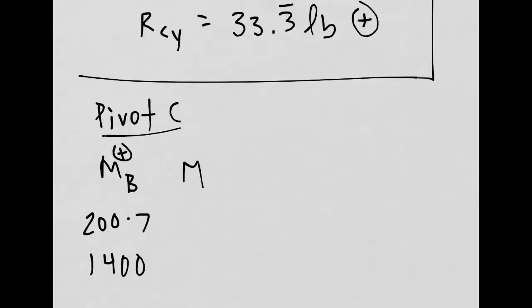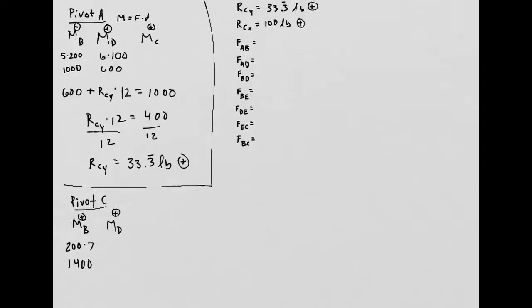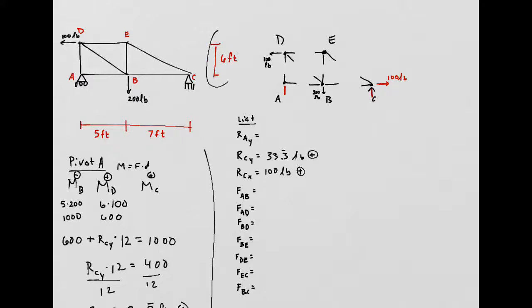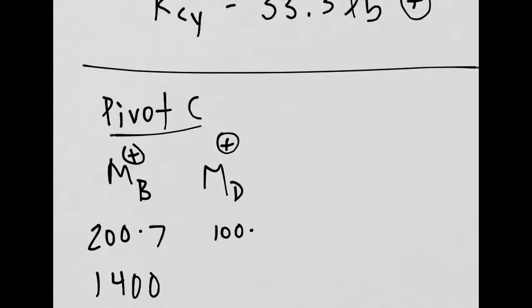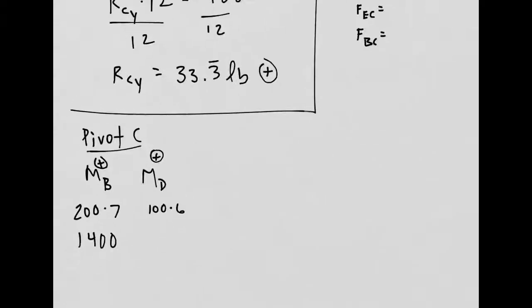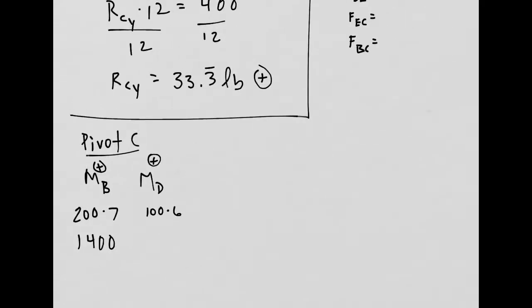This is getting good. These are also positive. So that is 100 times 6, because that's just the moment, using the force times the distance. That's a 600.